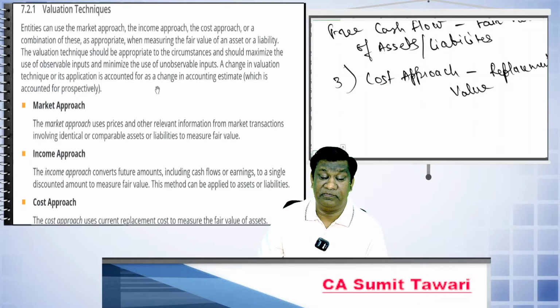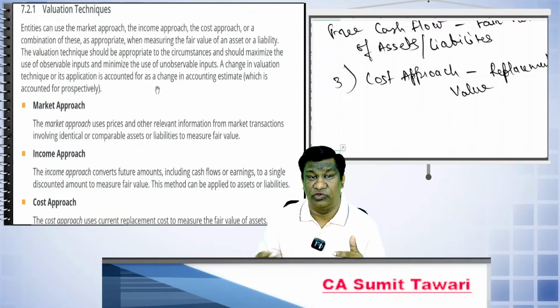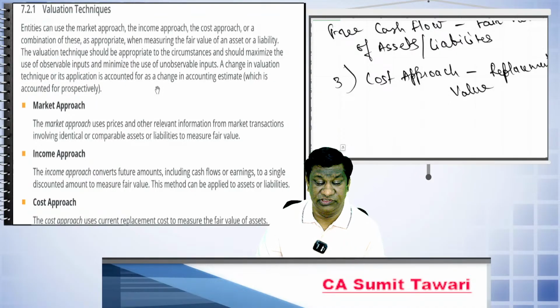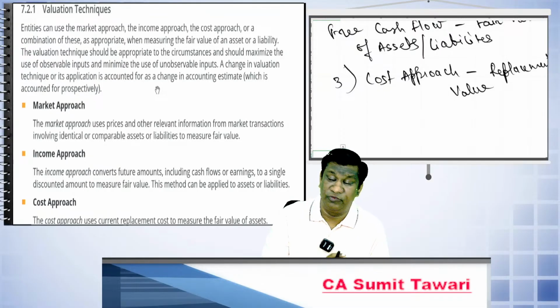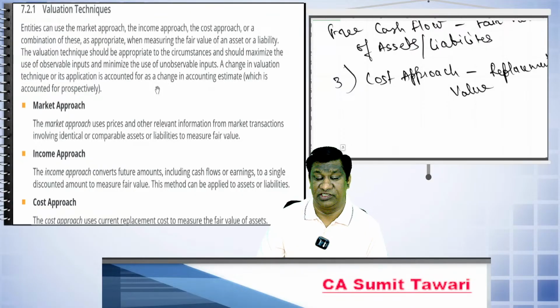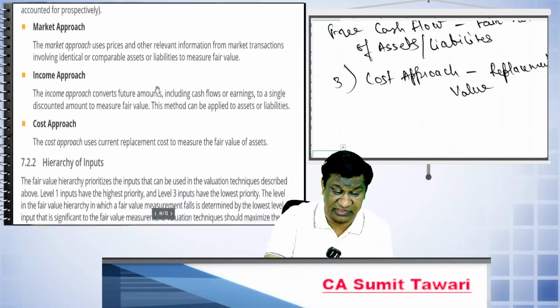If you have a clear plan of what the inflow may be because of use of the asset, then you can use the income approach. If you are going to replace the asset and have detailed information about the replacement cost, then you can use the cost approach. So here there is no priority. You can use any technique depending on the availability of information, whatever is the most reliable information available with you.